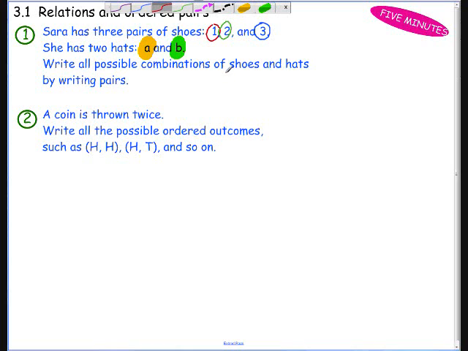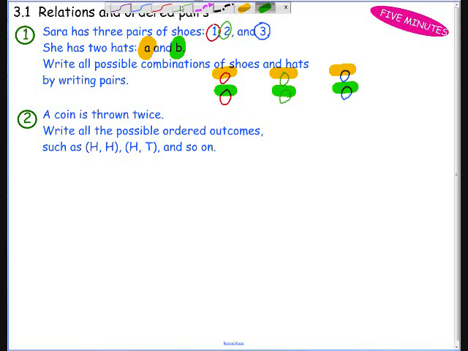So we have 2 different ways we can do pair 1. We have 2 different ways we can do pair 2, and 2 different ways we can do pair 3. For each of these, we can combine with the A hat, or we can combine with the B hat.